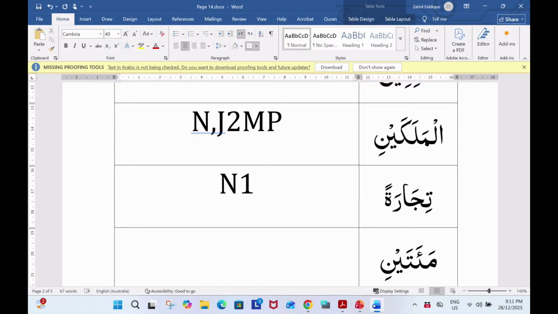Do you know why, or you are guessing? You know it, right? Okay, what is the gender? Feminine. And is it proper or common? Common. Why? Because it's not alif lam. There's no alif lam, and it's not a proper name.